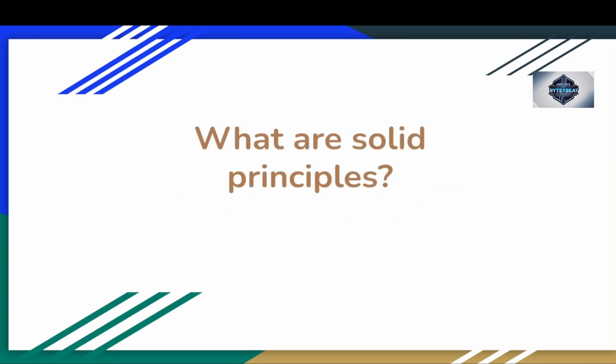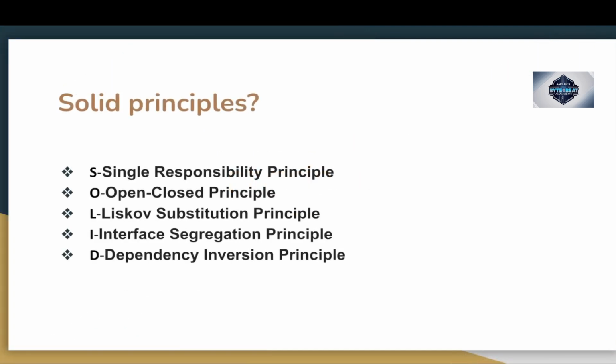So the first thing is, what are SOLID principles? In software engineering, SOLID is a mnemonic acronym for 5 design principles intended to make software design more understandable, flexible and maintainable. If we give the full form, every letter out of the 5 has its extended form.